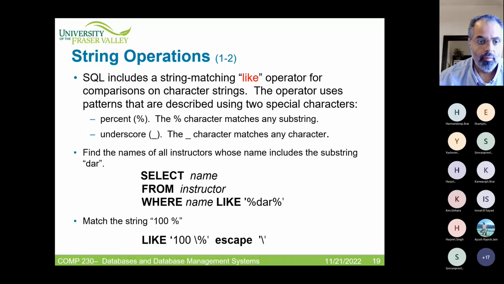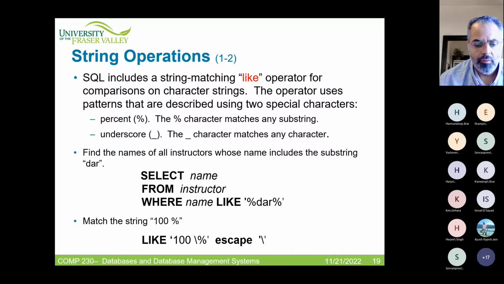So, string operation here. In the WHERE, we will use LIKE, not equal. We will not say name equal, we say name LIKE. If you see there is something here, percentage signs.